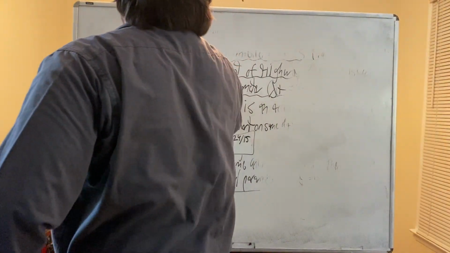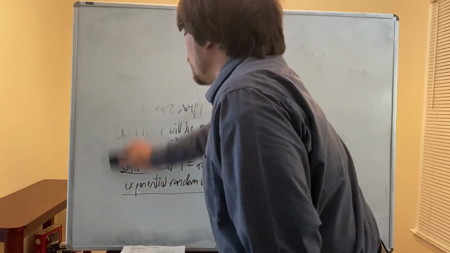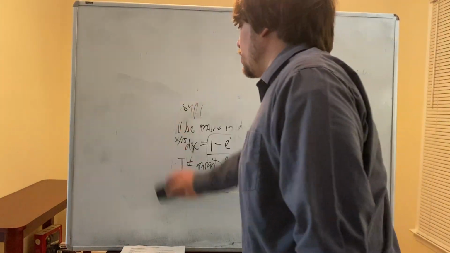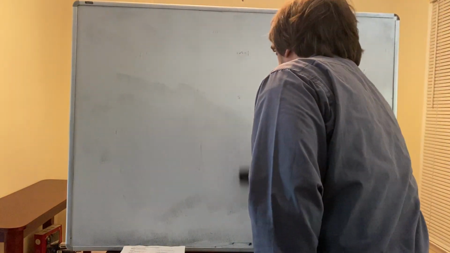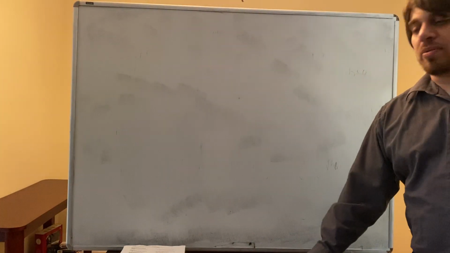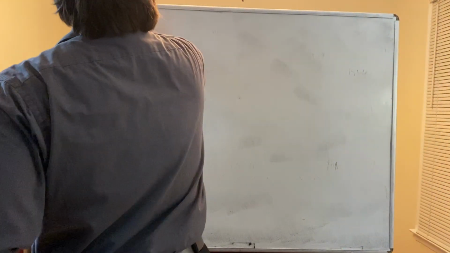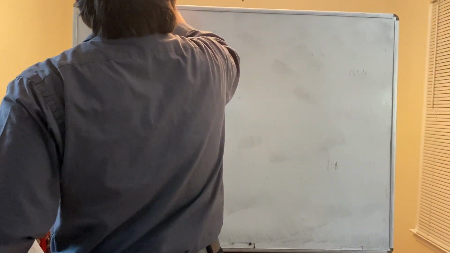We need to know that we have an exponential random variable in order to use the PDF for an exponential random variable. We need to know which PDF to use to calculate the probability. So here's example 5.13.